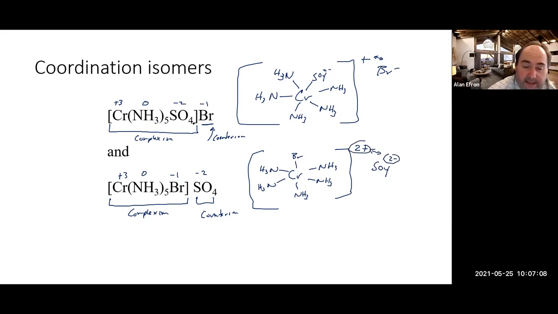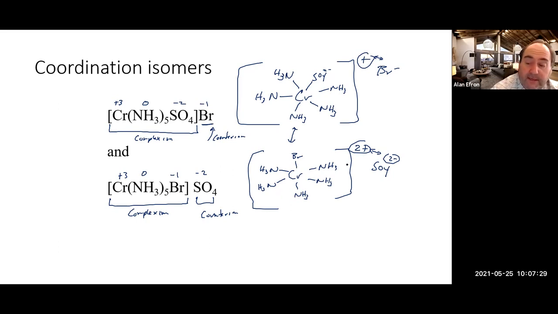So although they have the exact same numbers of everything that's present, they actually yield two different complex ions. Both have chromium in the middle, but they have different overall charges. That's what a coordination isomer is, different bonds happening here.